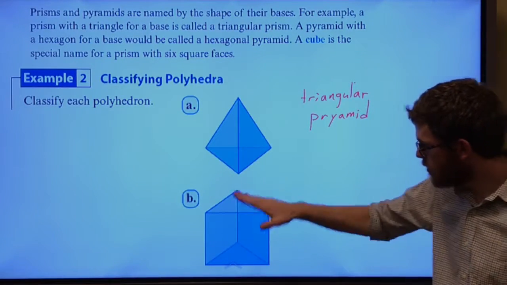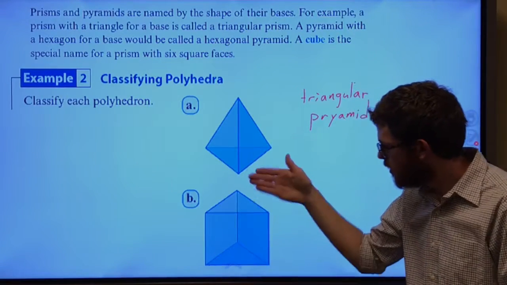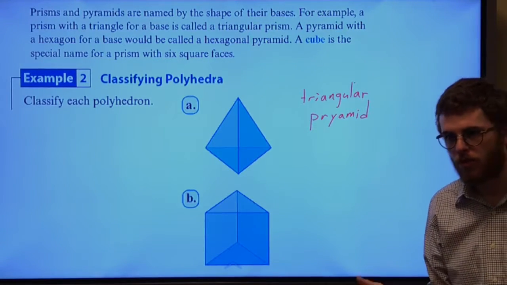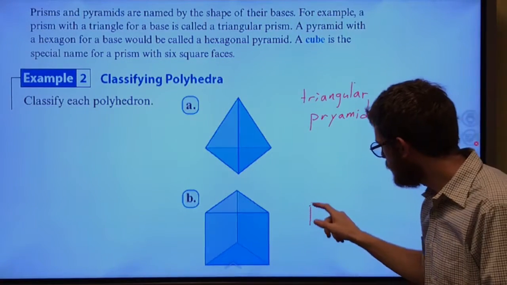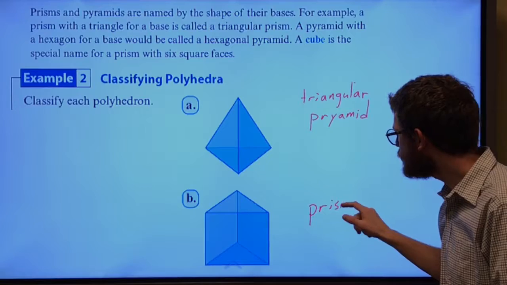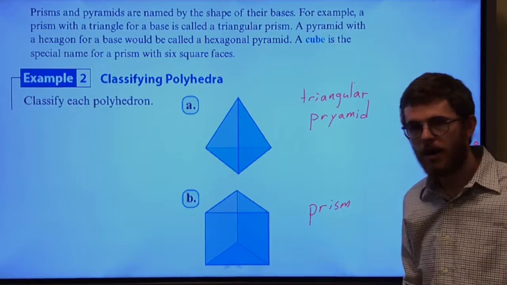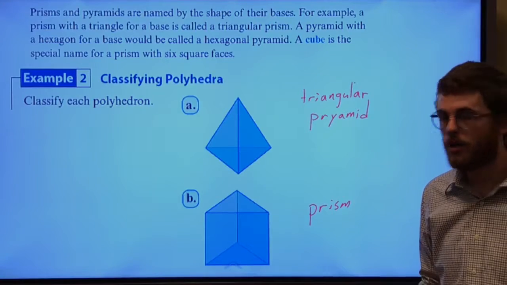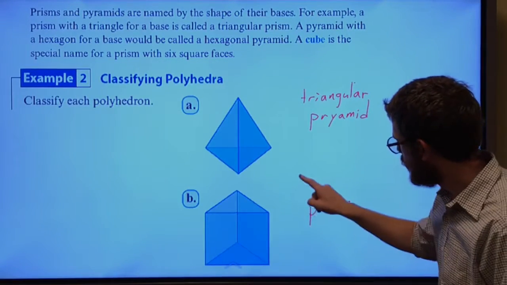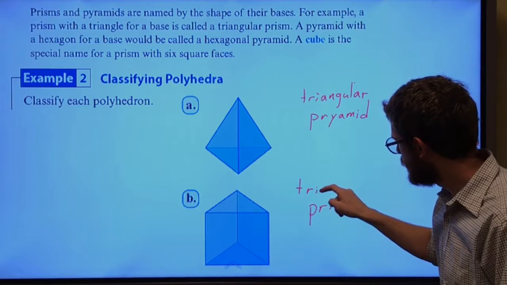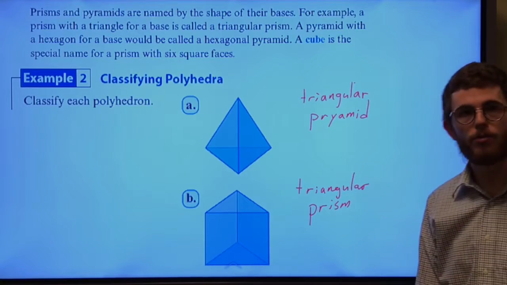This right here is formed by two congruent bases, and the lateral faces are parallelograms, so this must be a prism, but it is a specific type of prism. The type of prism is given by what type of polygon the bases are, and this, once again, is a triangle. So this is a triangular prism.